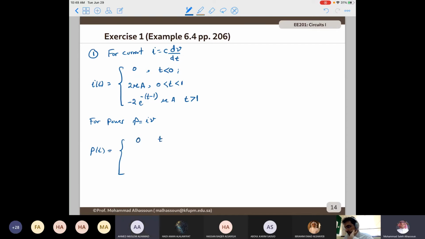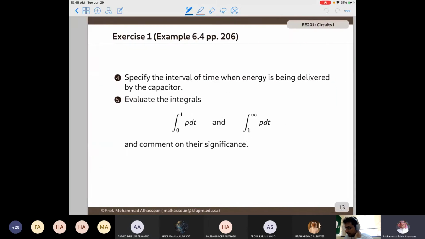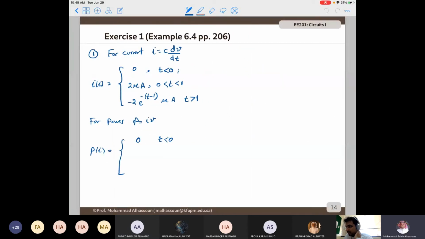The second one is 4t multiplied by 2 microamps, which is 8t.